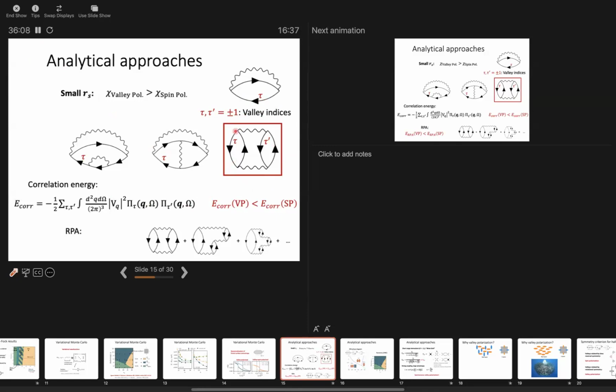If you calculate this diagram, the interaction is really long range, so you can't stop at second order, you need to resum. For small rs, we know that the right way to resum this series is to do RPA. You can calculate the energy within RPA and prove a very similar result: the correlation energy within RPA is always more favorable to valley polarization compared to spin polarization.